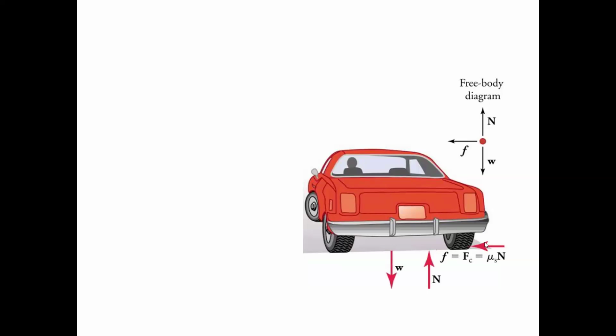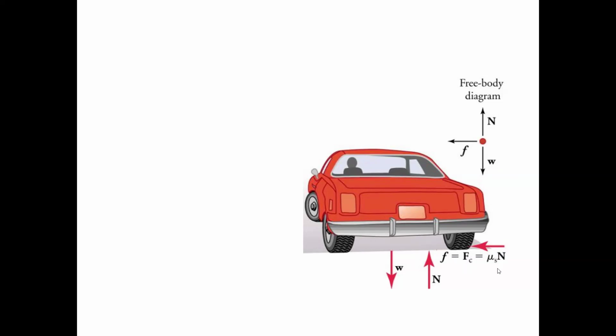Here you see this car is moving, for example, into the page. It's undergoing a weight force pushing it downward, and there is a normal force opposing this gravitational force, represented by the mass of the person and the car multiplied by gravity, 9.81. Opposing that would be the normal force. And then there is friction on the tires. This friction on the tires is going to equal the centripetal force.